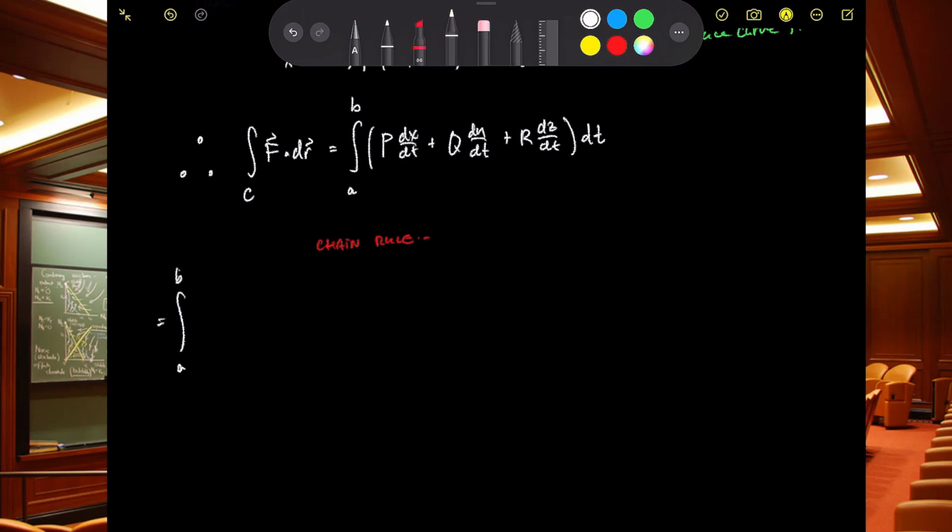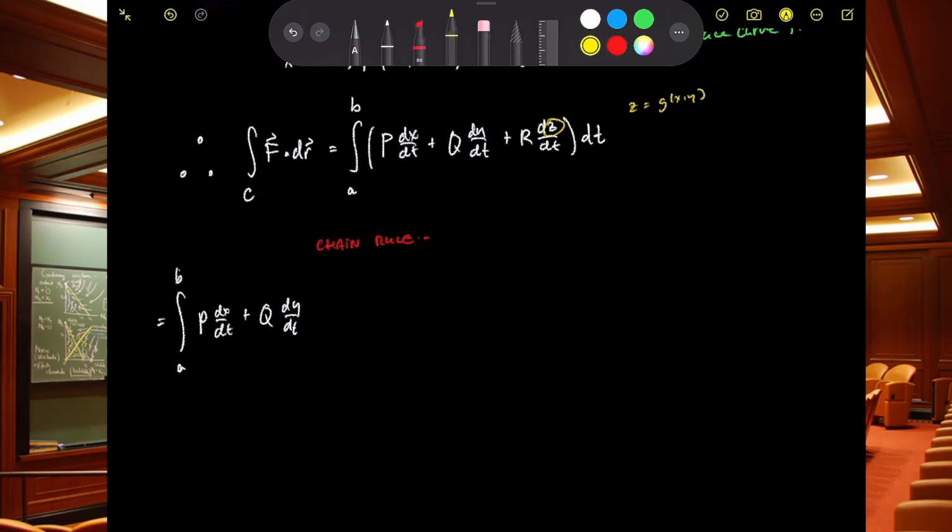So it's the integral from a to b of p dx dt plus q dy dt. Why do we have to use the chain rule? Well, z is really a function of x and y, right? So its derivatives have subderivatives.